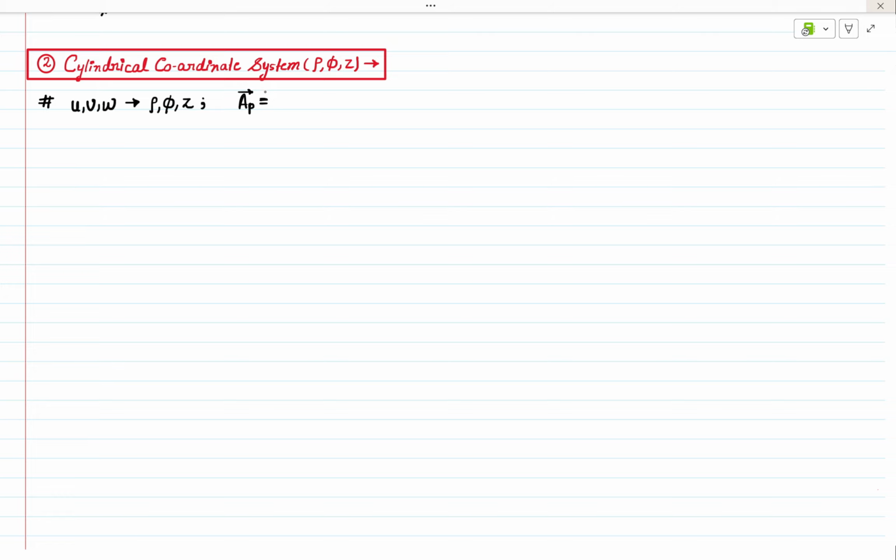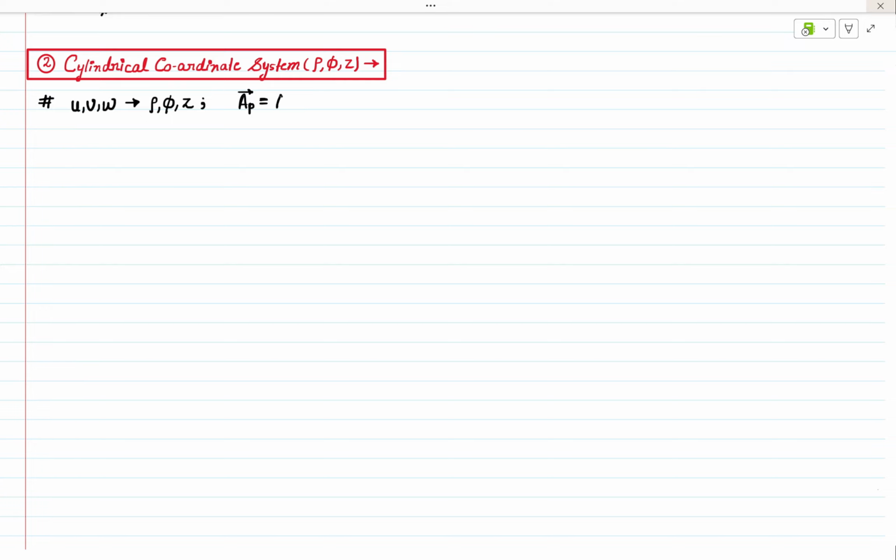In the generalized case, I showed you that the position vector had the three directions u, v and w. In the cylindrical coordinate system, the position vector has three values along the three directions rho, phi and z. What are those?